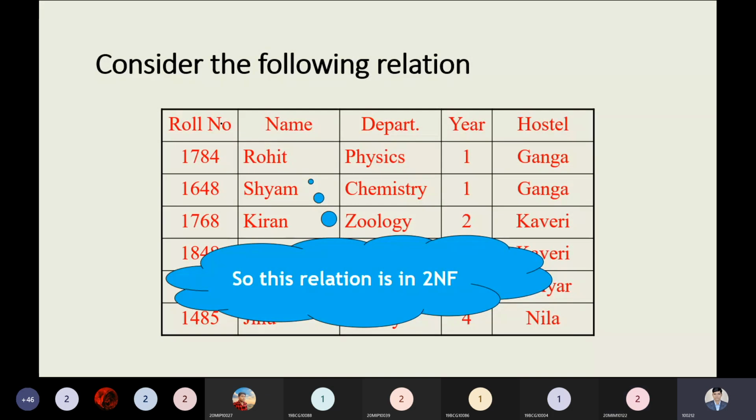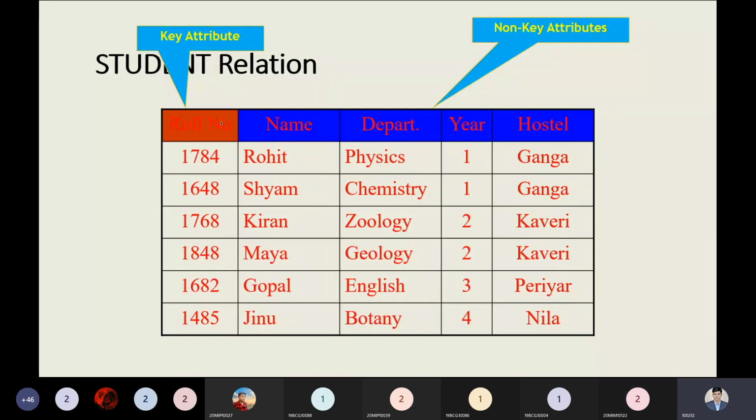Super. So here we have roll number as the key attribute, and the non-key attributes are name, department, year, and hostel. So we have this diagram right now. Yes, of course, you are on the right track. We are proving that our relation is in the second normal form by following this approach. All these are functionally dependent on each other.